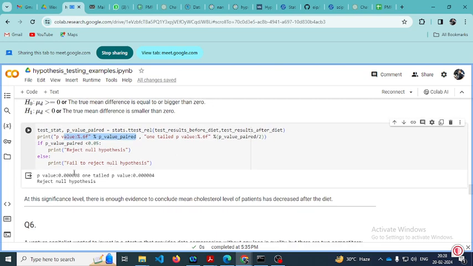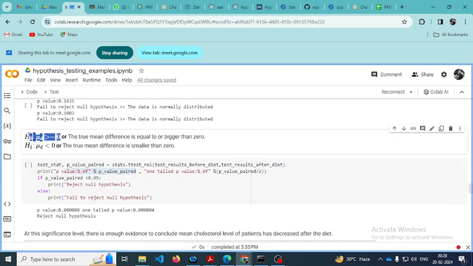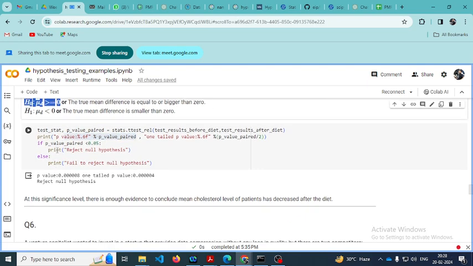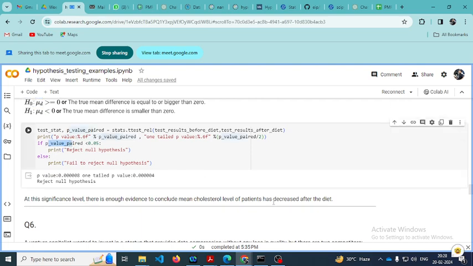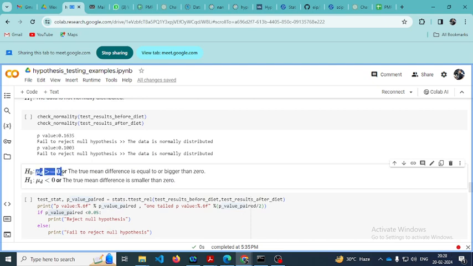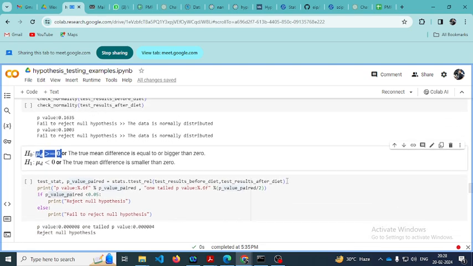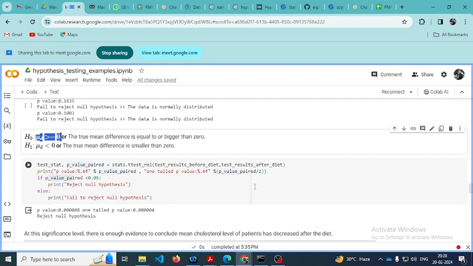So the conclusion from this hypothesis testing is, there is enough evidence to conclude that the mean cholesterol level of patients has decreased. You assumed your hypothesis as increased, but it is rejected here. Of course, the cholesterol is decreased after diet. So this is how we can test and come to a conclusion.